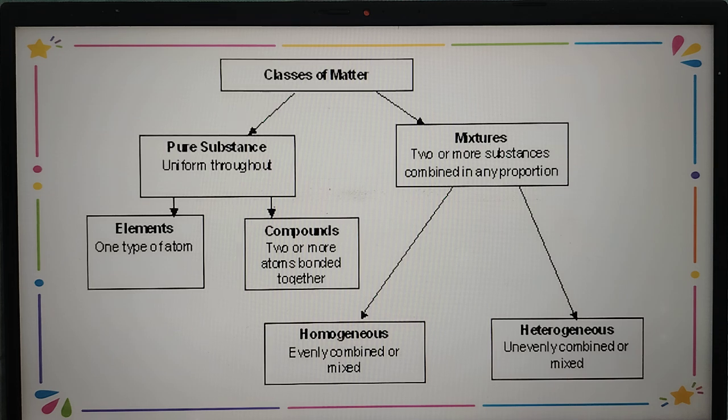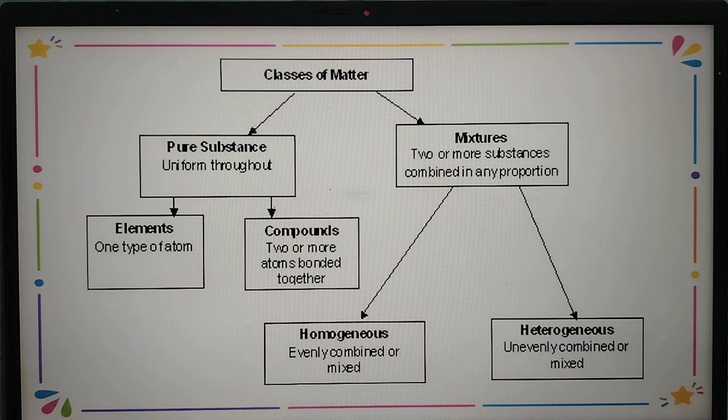Elements are very common, like when we breathe in and breathe out, the exchange of gases: oxygen, nitrogen, and if in molecular form, O2, N2, and so on. For compounds, the most common ones in our house are muriatic acid and water.